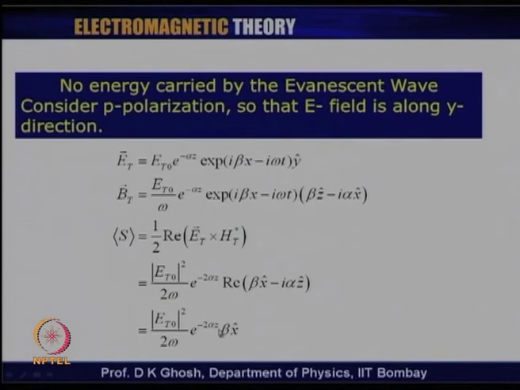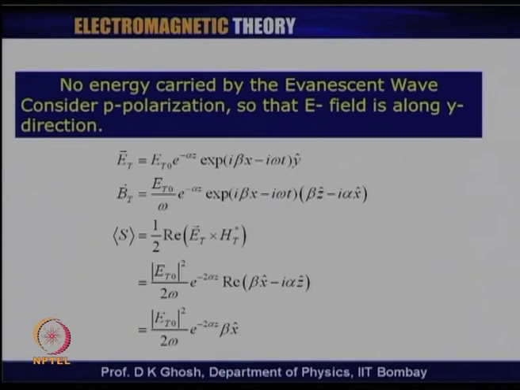But notice my interface is perpendicular to the z direction, and the average S vector is along the x direction. So, as a result, when I take the dot product of this S vector with my z vector, the normal direction, there is no average energy flow into the second medium.